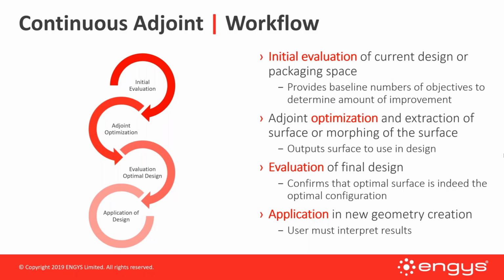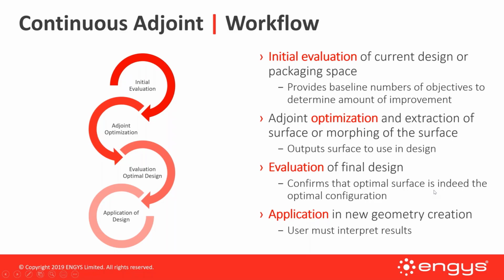Next, we would do an evaluation of the final design. So these surfaces from the optimization, we tend to re-import them back into the software, remesh, and do things like add layers, add volume refinements, and treat it as a traditional CFD simulation. And we do that to confirm that the optimal surface is indeed an improvement over the initial evaluation.